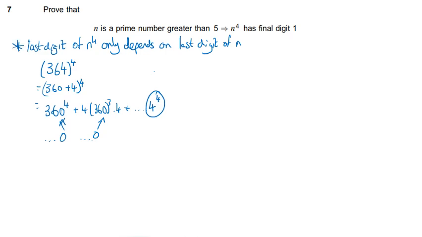Okay, so then we just try all the different possible values. So first of all, if n is even, then it always divides by 2. Okay, so that's not prime.